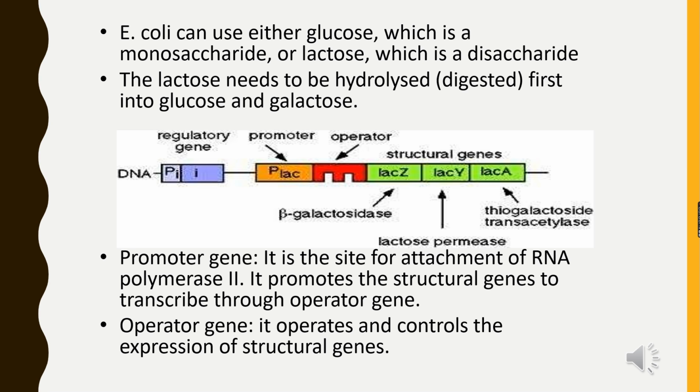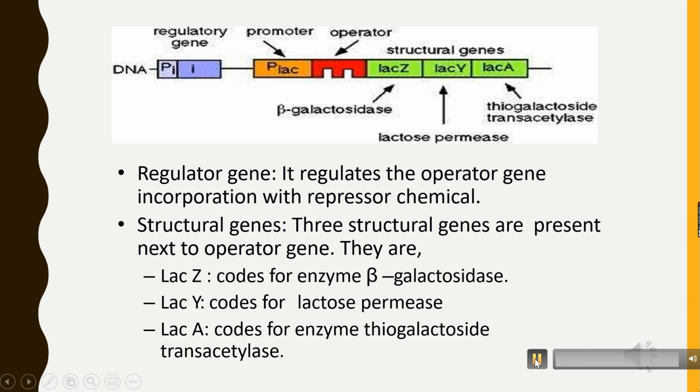In this slide you can see promoter gene, regulator gene, operator gene, structural genes, etc. Structural genes I have told you in the previous slide: lac Z, lac Y and lac A. Here again you can read the functions: lac Z codes for the enzyme beta-galactosidase, lac Y codes for lactose permease, and lac A codes for the enzyme thiogalactoside transacetylase.